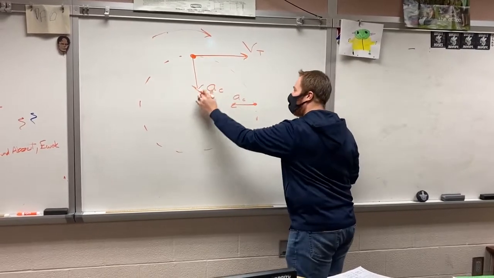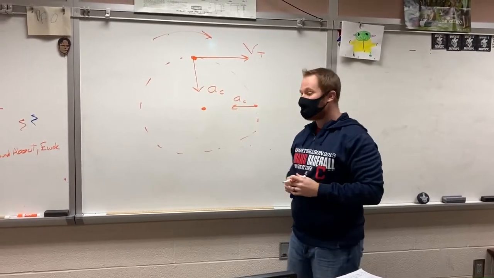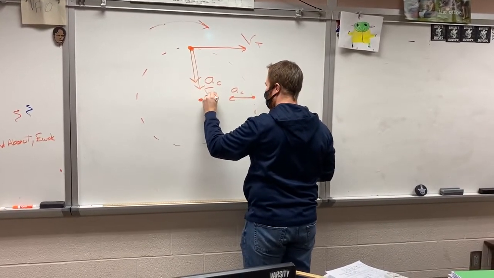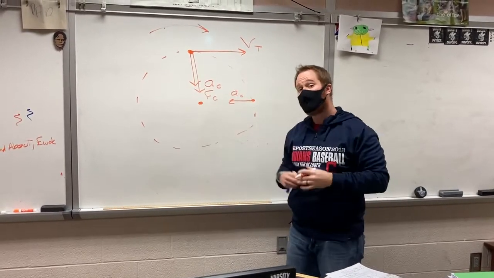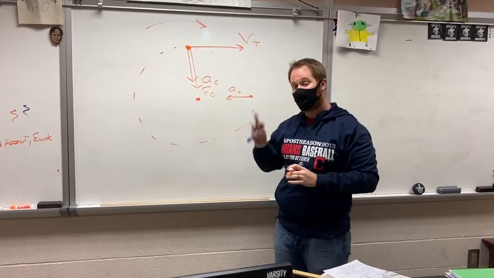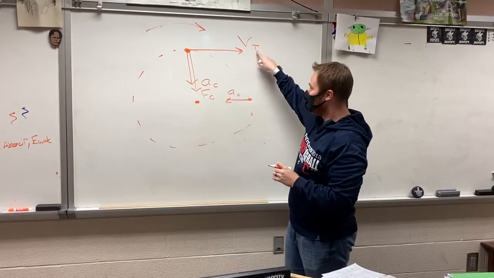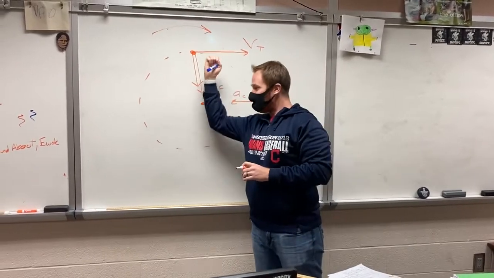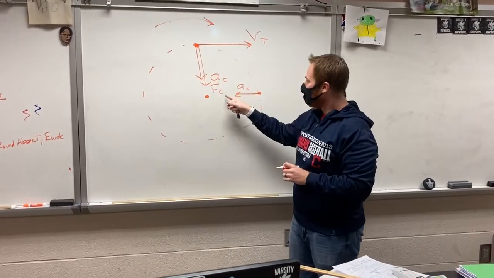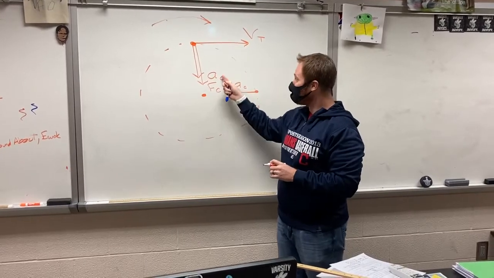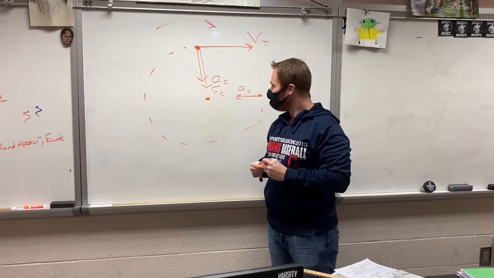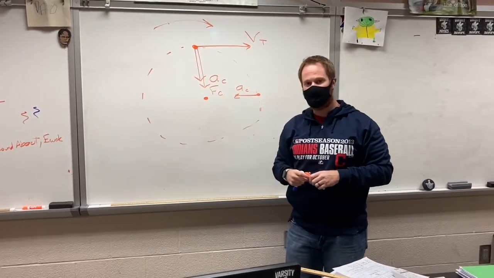And because I have an acceleration, that means I also have to have a force going to the center. So I would have a centripetal force going towards the center as well. So three new terms there: tangential velocity, centripetal acceleration, meaning acceleration pointing towards the center, and centripetal force, because forces cause acceleration, that'll always go in the same direction as the acceleration itself.